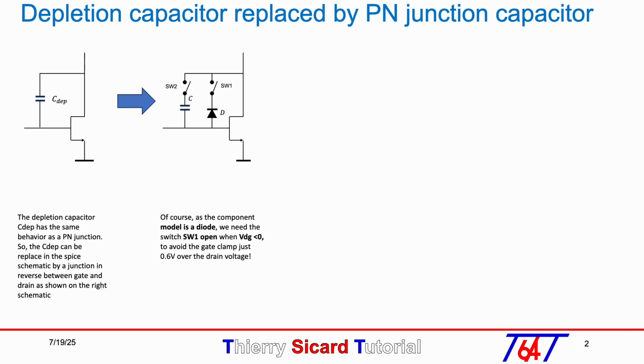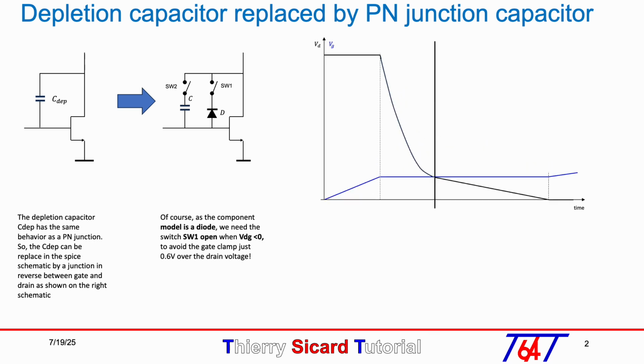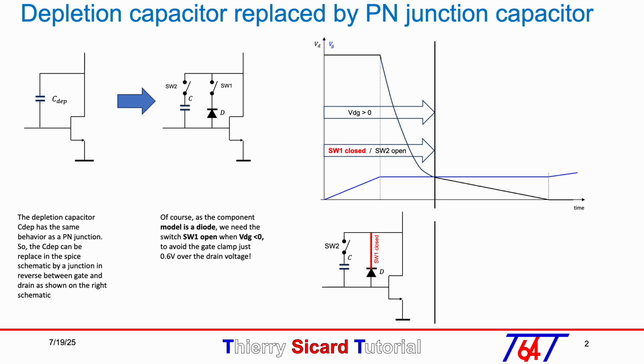If we study a turn-on switching by plotting the drain voltage VD and the gate voltage VG as a function of time, we see that on the left, the drain is higher than the gate voltage, so VDG is positive. Diode D can then be connected with SW1 closed because it is in reverse and provides its depletion capacitor model.